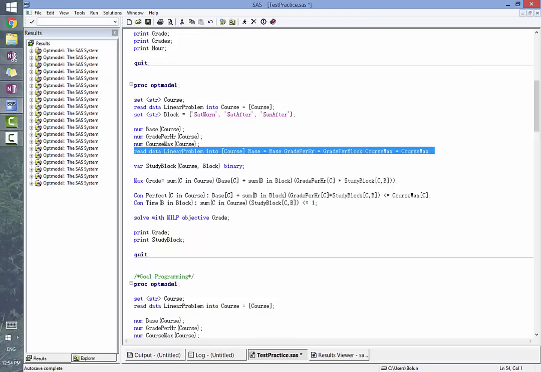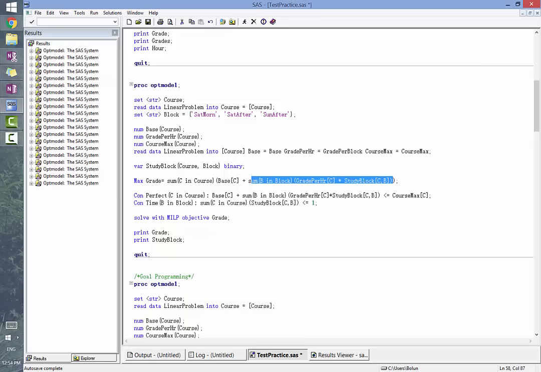Here's the difference. We are creating study blocks denoted by the course and the block, and we're forcing it to be a binary variable. Our objective, again, is maximize grade, which we want to sum over all courses, the value of base course plus the sum plus the grades we will gain from studying.